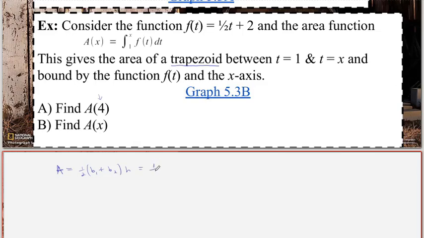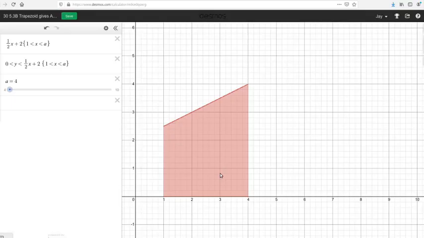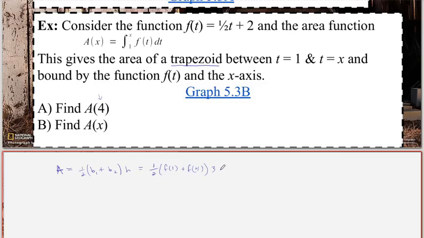So my base 1 could be the function value at 1, and base 2 the function value at 4. And we just said the height of that trapezoid is 3. Of course, you have to tilt your head 90 degrees to see it that way, where the height is 3.